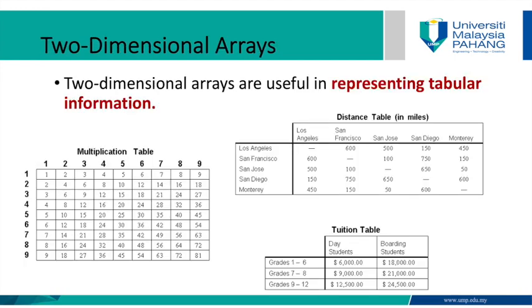Okay. So now let's move on to the two-dimensional array. When we are talking about two-dimensional arrays, it is actually very useful in representing tabular information. So if you have a table, you have rows and then you have columns, and you want to represent the data, and then comes the use of two-dimensional arrays.